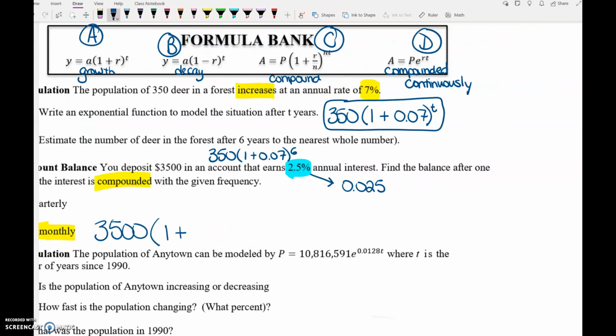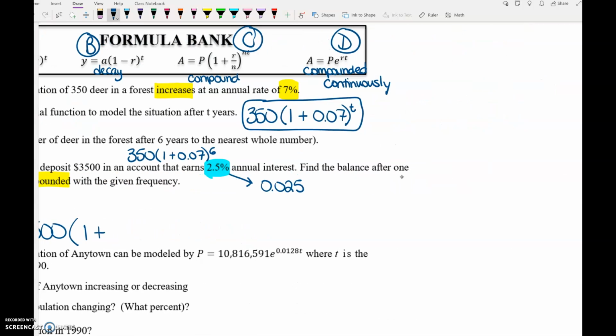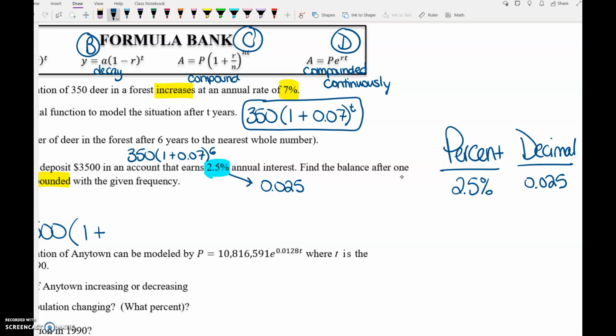0.025. On your note card, you may want to make yourself a little chart that has percent and decimal with a couple of examples so that you can see how to do these. So 2.5% is 0.025, whereas 7% from the previous problem was 0.07.